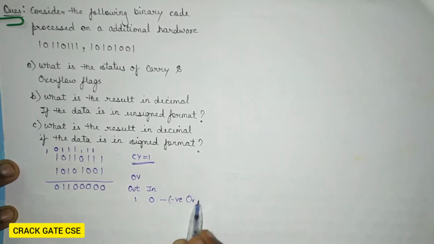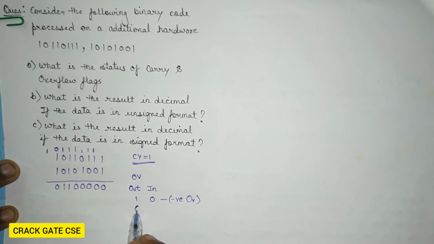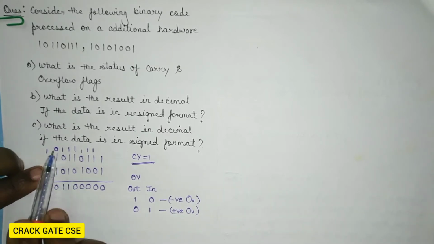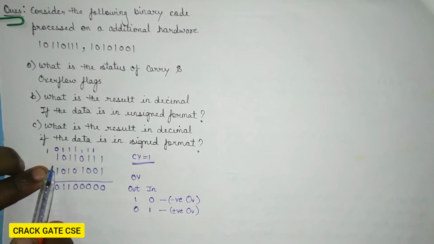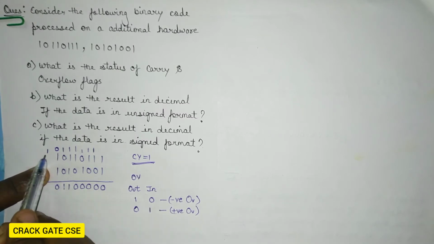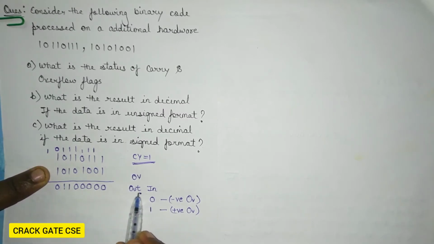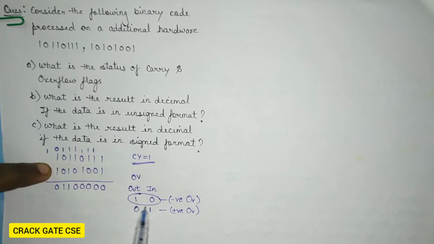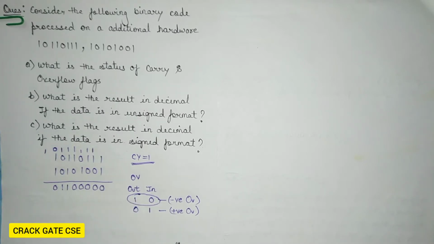And if out carry is 0 and in carry is 1, it is considered a positive overflow. Here you can see that in carry is 0, that means there is no in carry on the MSB bits, but out carry is 1. So the first case follows.